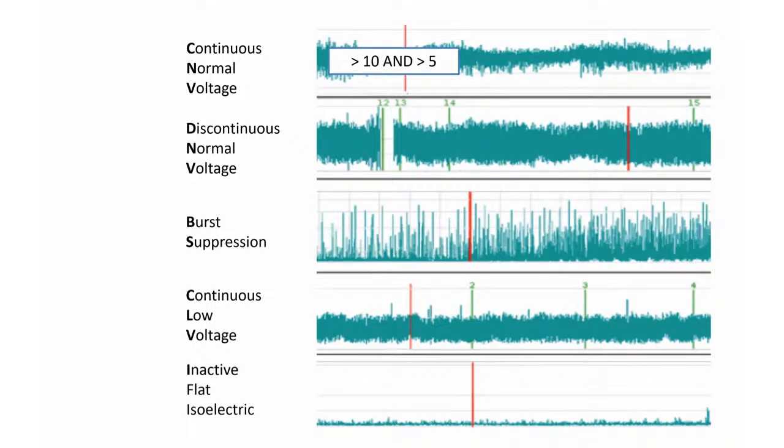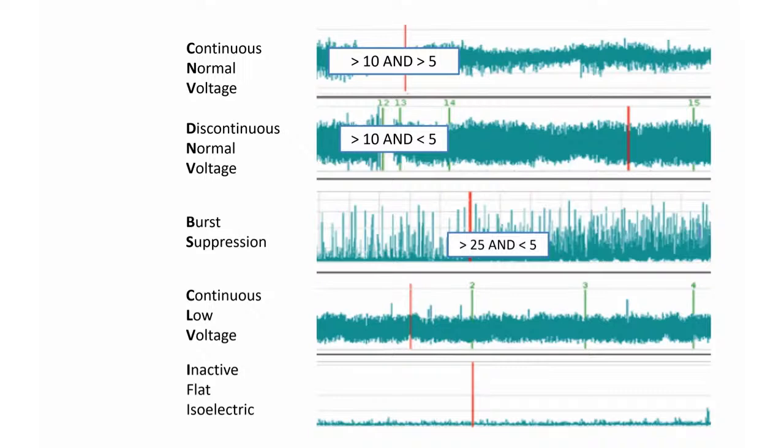So continuous normal voltage, we want greater than 10, but most important for continuous normal voltage is that the lower margin is always greater than 5. Discontinuous, which is our pattern that we expect with our preterm babies, our upper margin is still always greater than 10, but because of the inconsistency in their brains, we allow the lower margin to be less than 5, or we expect it to be less than 5.